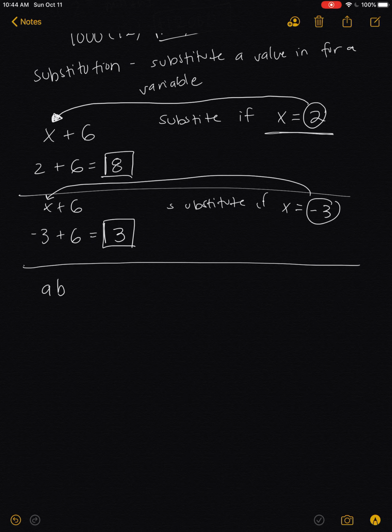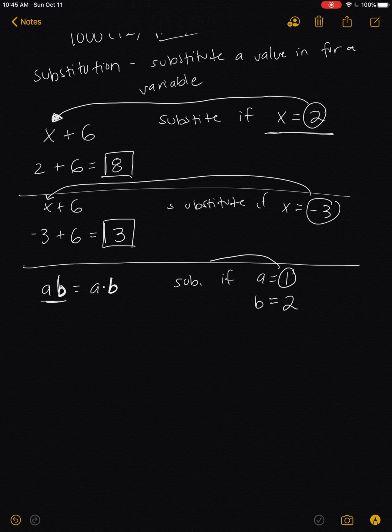You might even have multiple variables. So this is AB, which means A times B. Okay, but a lot of times you'll just see it written like this, and that means you're just multiplying it. Okay, so we have AB, substitute if, this time we have 2 variables, so the only way you can know what this is if you know both the value for A and the value for B. So let's say if A is 1 and B is 2, I'm going to plug it in.